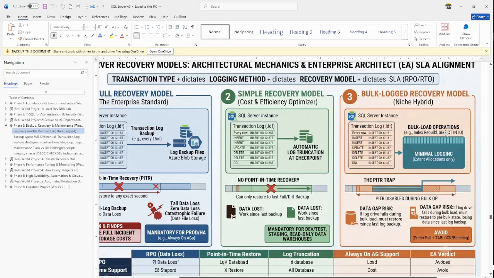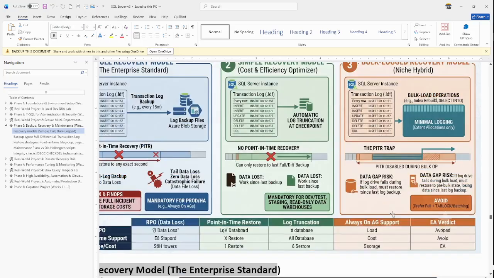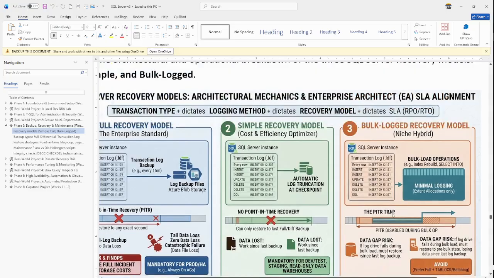So if your database is doing a lot of bulk insert and SELECT INTO, you go for this option. That is how it depends on your database backup recovery model. So we are talking about the recovery model here.